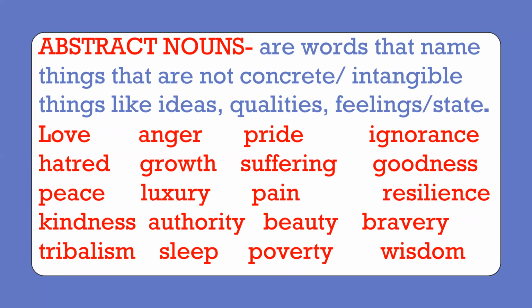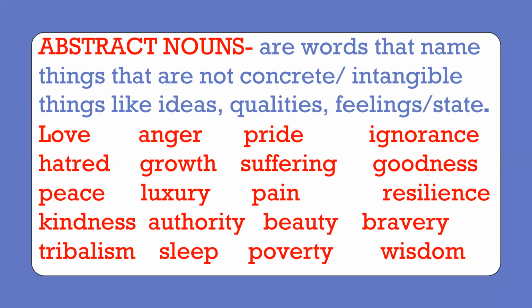Remember the initial definition of a noun is a naming word. So we should also be able to name some feelings, some qualities, some ideas. Whether something is tangible or intangible, you should be able to have a word to name that given thing. And that's why we bring the element of abstract nouns.